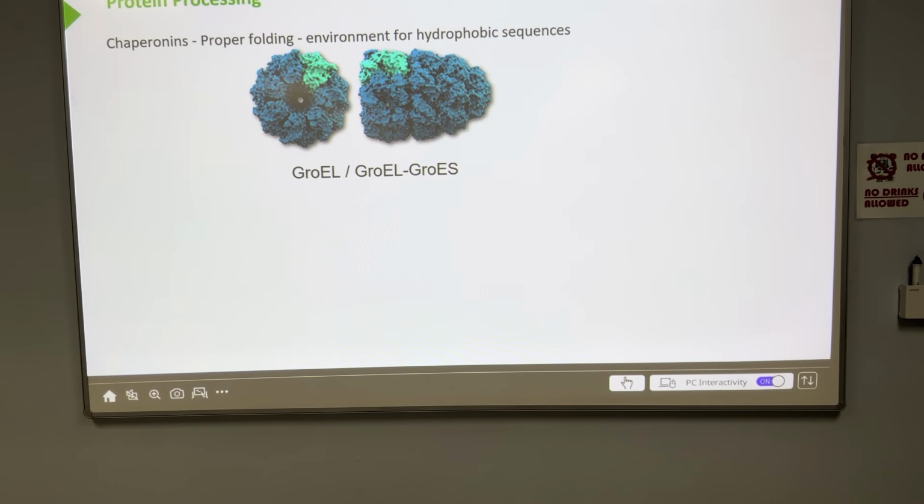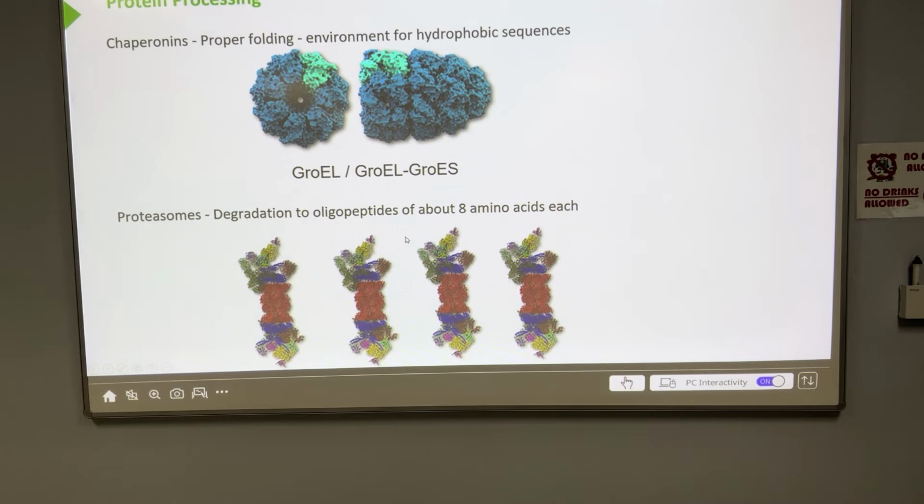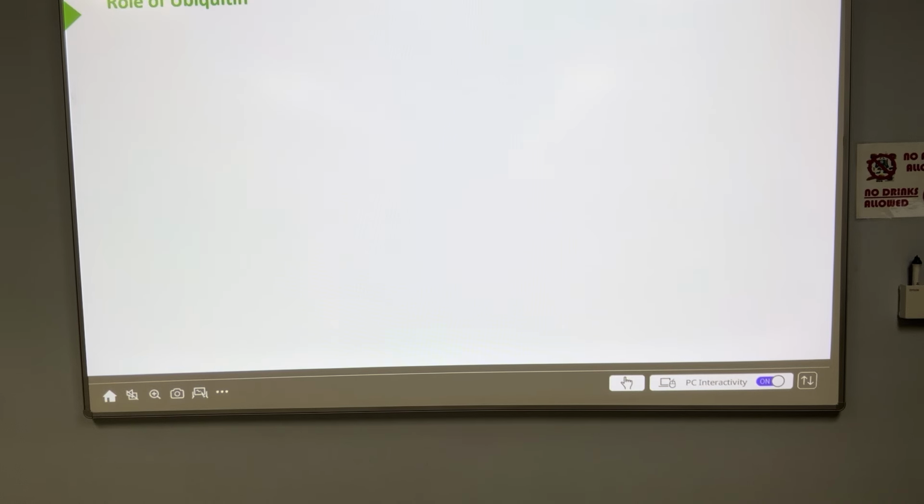Proper folding, environment. So we're going to learn that the proteasome is a collective catalog of all the proteins that we're going to be making. And what is ubiquitin? If any protein is improperly folded, misfolded, we're going to tag it with ubiquitin.